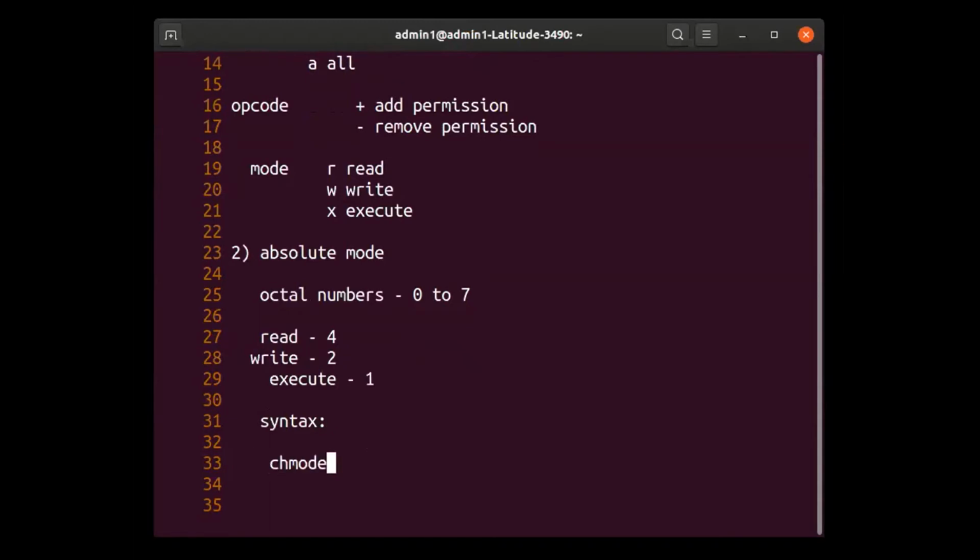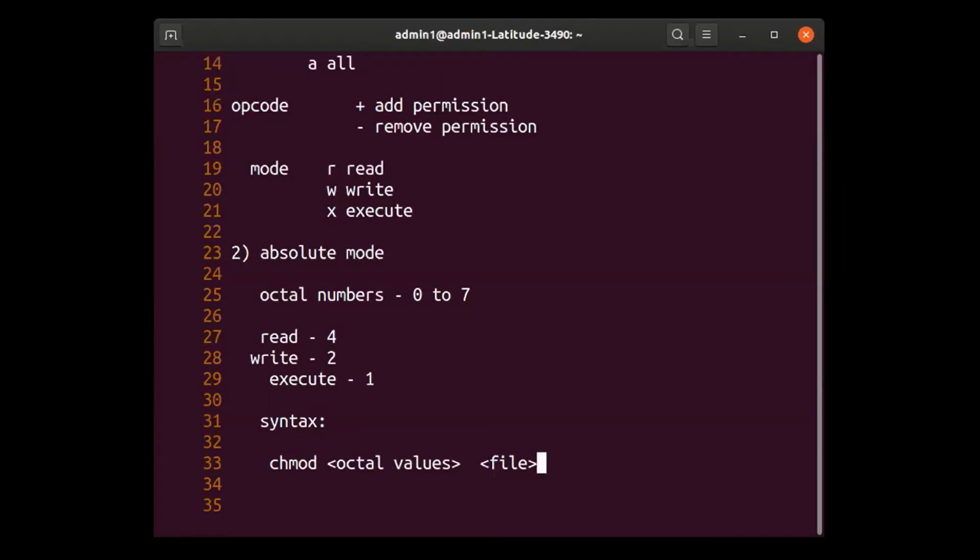So you have chmod, that's the command, followed by the octal values, followed by the file. Okay, so the syntax is very simple.